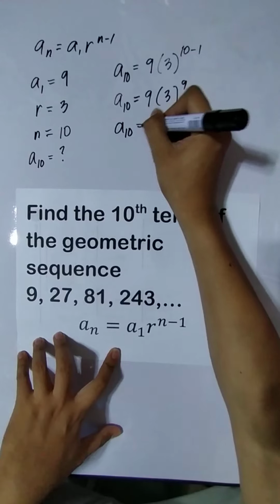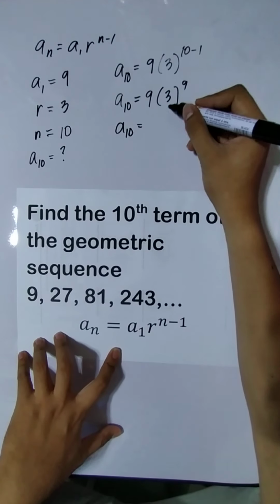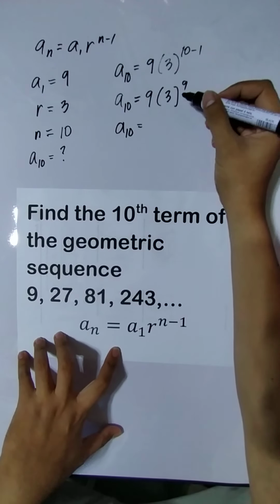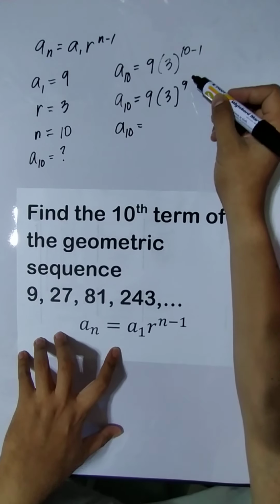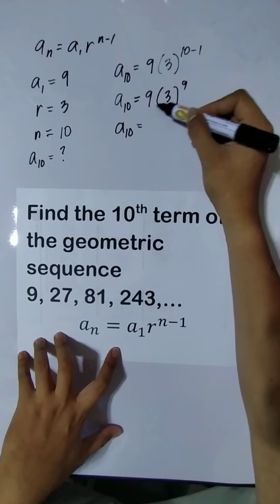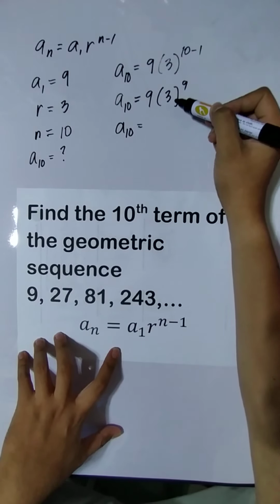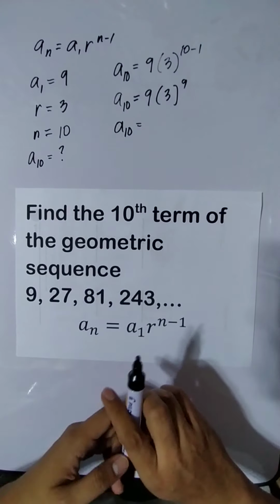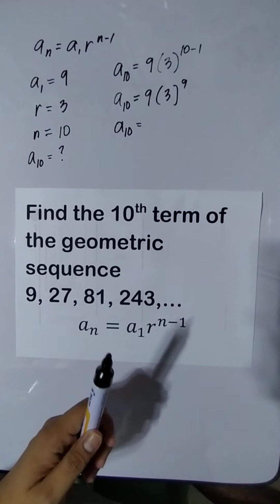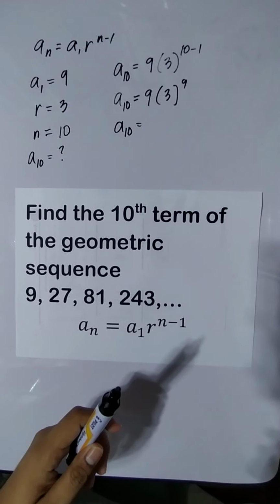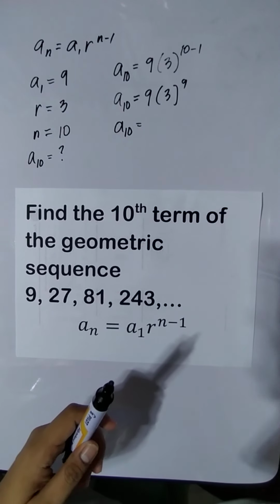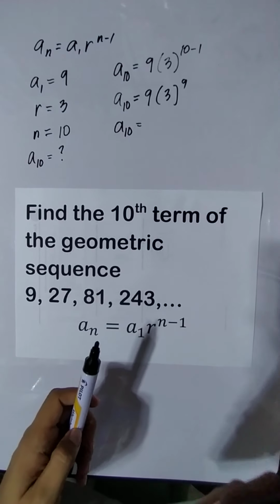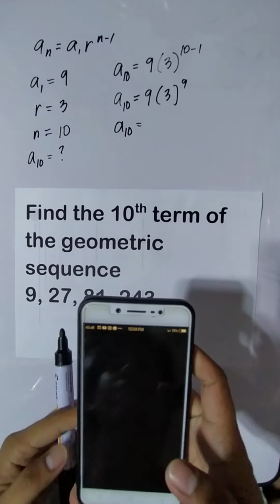So, a sub 10 is equal to, so by following the hierarchy of operation, ang uunahin nating isimplify ay yung exponent rather than multiplication. Since malaki masyado yung ating exponent, I advise you to use calculator, especially scientific calculator. Ngayon, kung wala tayong scientific calculator, pwede tayong mag-download ng apps kagaya nito.